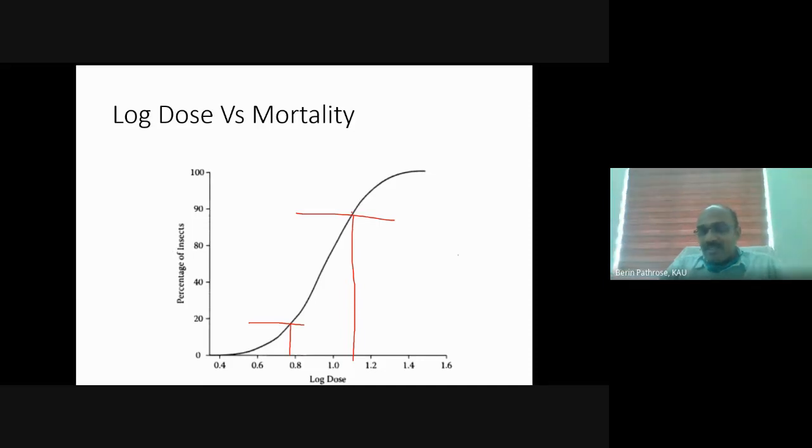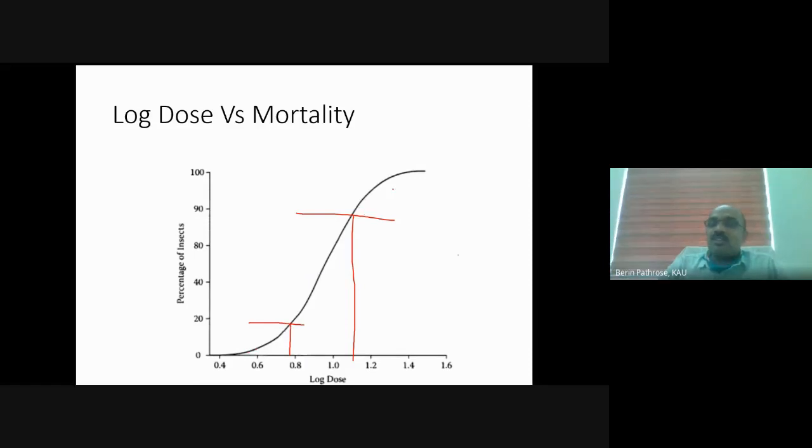That means the response of any organism to a particular toxicant is greatest between 20 and 80 percent. Below 20 percent and above 80 percent, the response will be extremely slow. Here you can see the graph lifts up very slowly, but once it reaches 20, it shoots up.